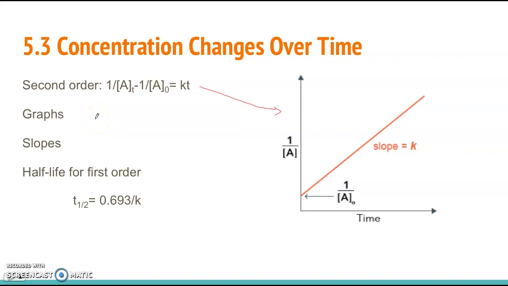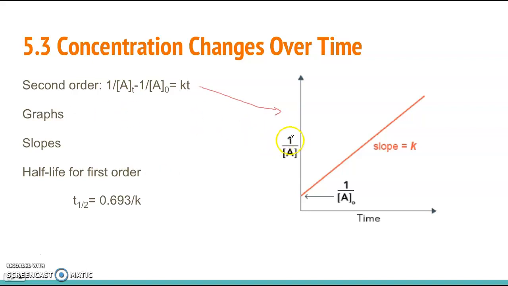So the questions that you'll see concerning the integrated rate laws, you're not going to have to construct a graph. You're not going to have to calculate a slope. But you'll be asked to determine the order based on the graph.